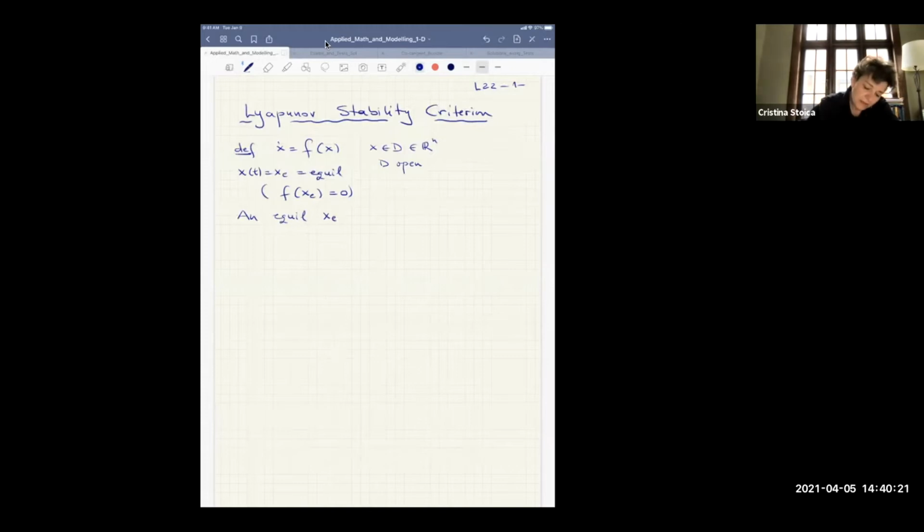Now, an equilibrium Xc is stable if for any neighborhood U of the equilibrium in D, there is another neighborhood V such that any solution that starts in V stays in U. I'm going to put this in quotes.